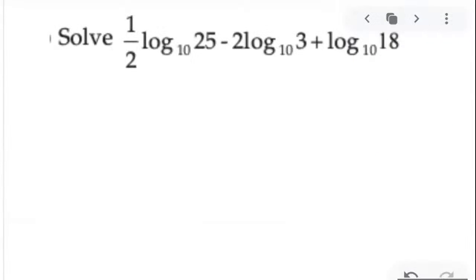Now we'll do this problem. I'll give you 5 minutes because this is the first time you are doing a logarithmic problem. Do it and unmute yourself and tell me.